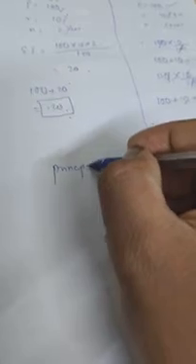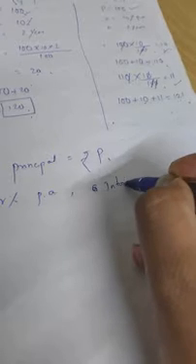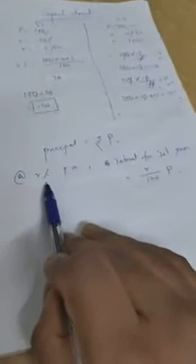Now say principal equal to rupees P, and rate say R percent per annum. So at the rate of R percent per annum, interest for first year equal to R percent of P. Okay, principal is P, rate of interest say R percent.